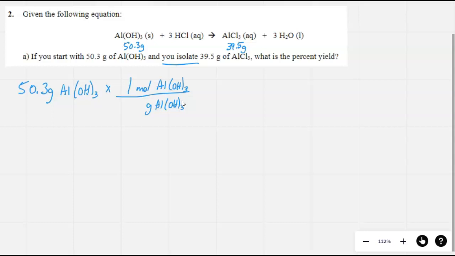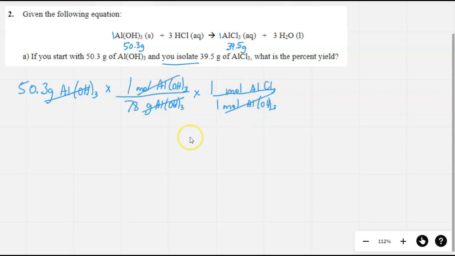I get 78 grams per mole. And then I need to use my mole ratio of what I want to acquire. See that 1 implied there? That's my mole ratio between what I want to get and what I have. What I want is aluminum chloride. What I have is aluminum hydroxide, which goes on the bottom to cancel everything out.